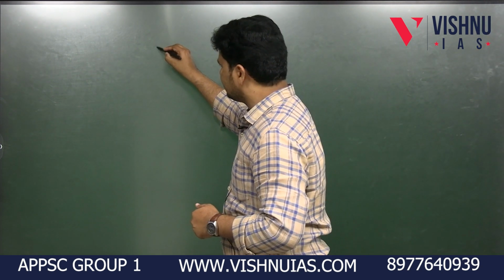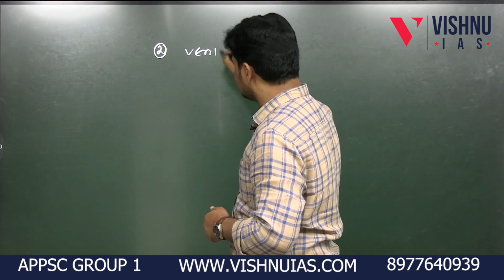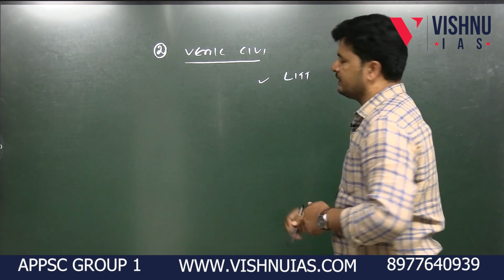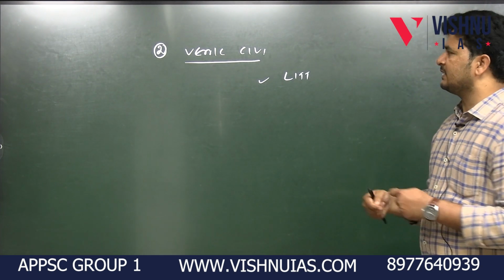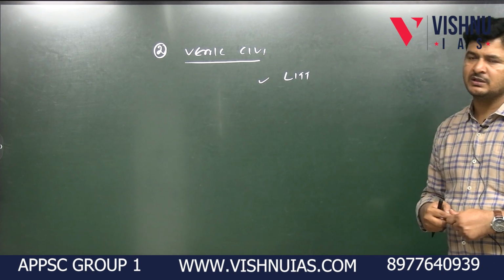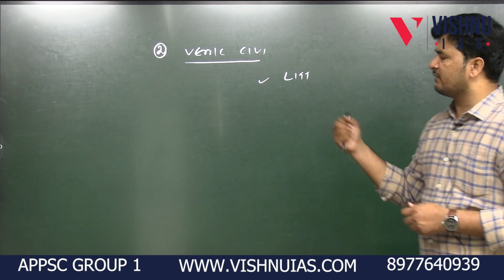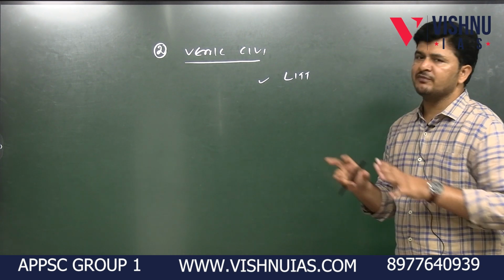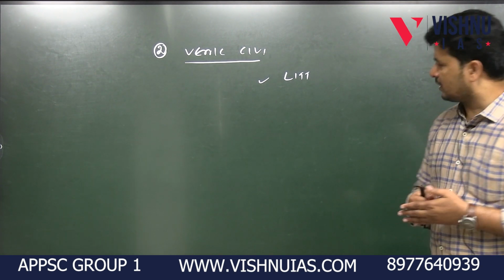As far as Vedic civilization is concerned, Vedic literature is to be concentrated. That is the second topic of ancient Indian history. After Indus Valley civilization, we have Vedic civilization. When we understand the summary of Vedic civilization, what are the areas to be concentrated?